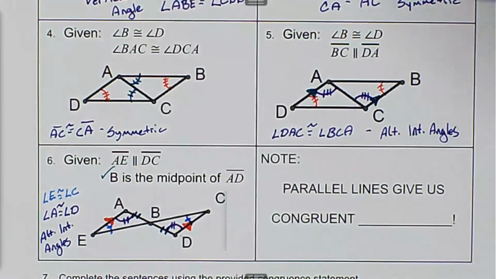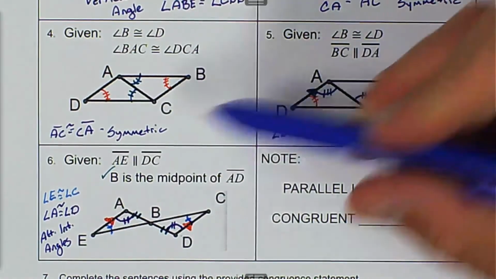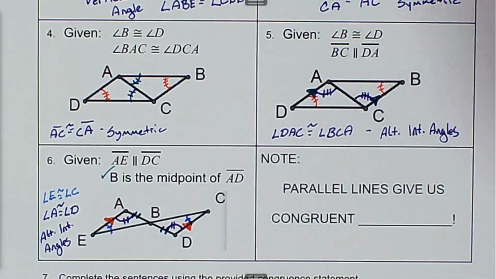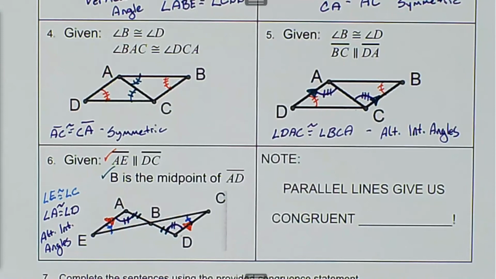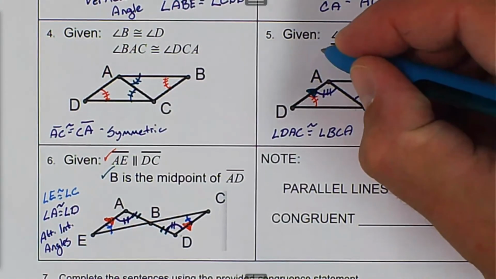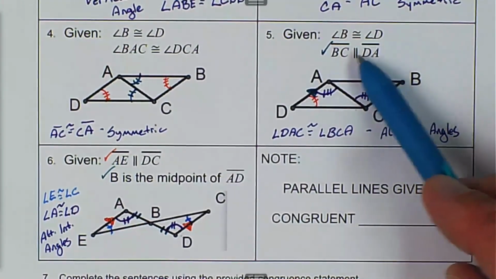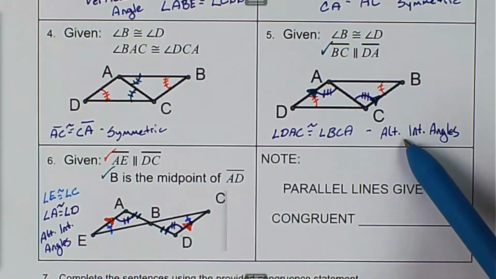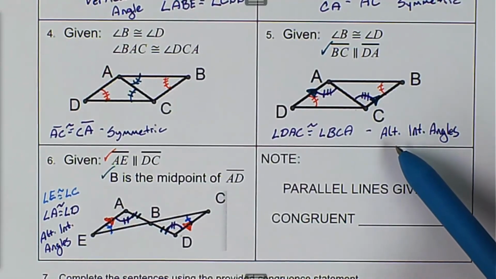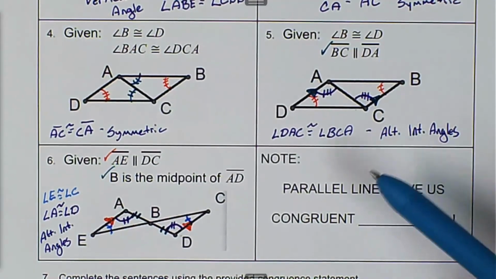So we have 2 examples where we're given parallel lines. And because of those parallel lines, we ended up with a bunch of congruent angles because of our translation rules.